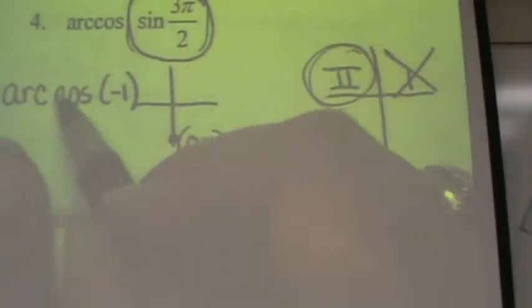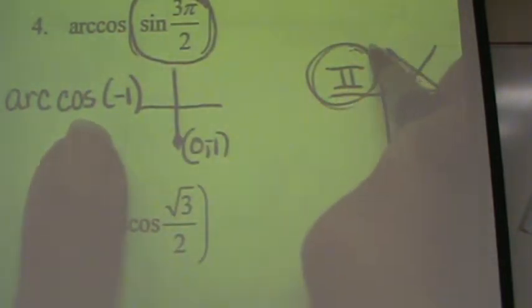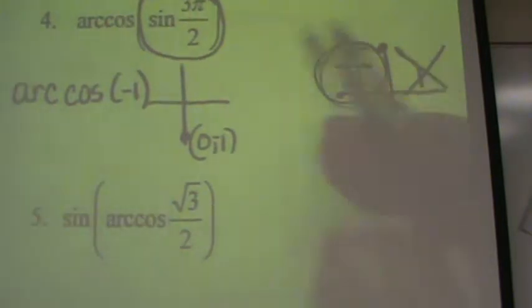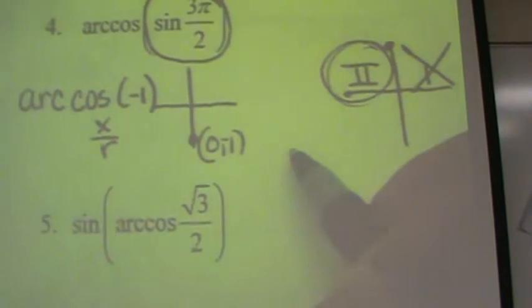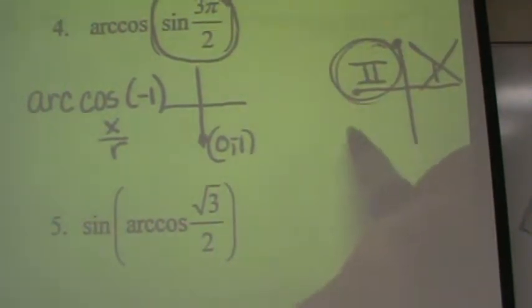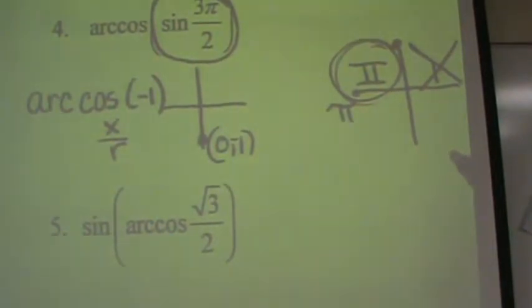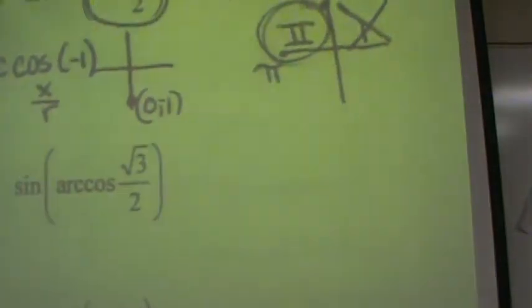When you see arc cosine, you're in 1 or 2. So it's either here or here. Well, what's the definition of cosine? It's x over r. What angle do you get an x value that's negative 1? At pi. Answer's pi. That was a tricky one.